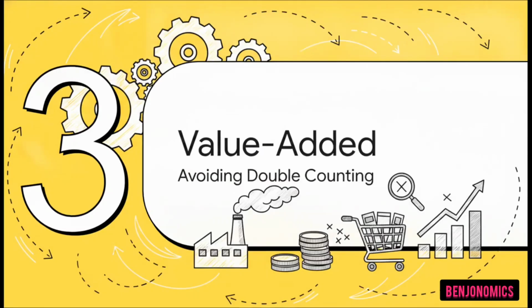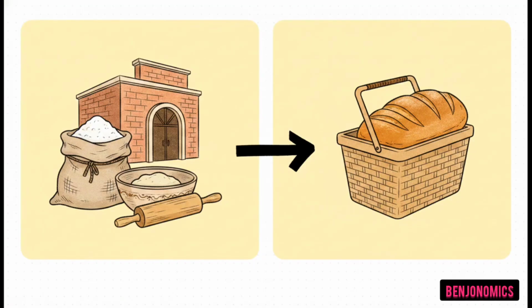All right, Section 3, the value-added example. Let's see how the output method works in the real world without accidentally counting the same product twice. So, the biggest trap here is double counting. To avoid that, we have to strictly differentiate between intermediate goods and final goods.